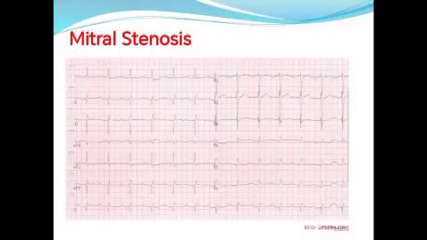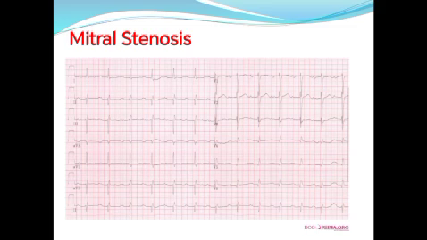Also, in mitral stenosis, usually mitral stenosis is accompanied by left atrial dilatation. Left atrial dilatation, and we have what's called P mitral. P mitral, what does that mean? Usually we look at the P wave in lead 2.